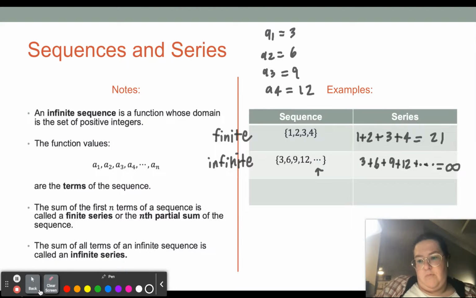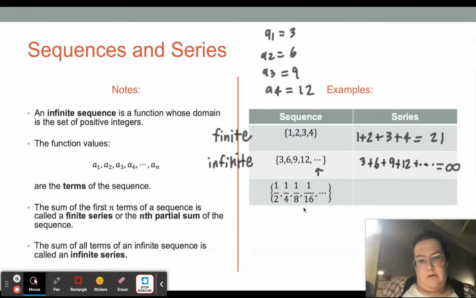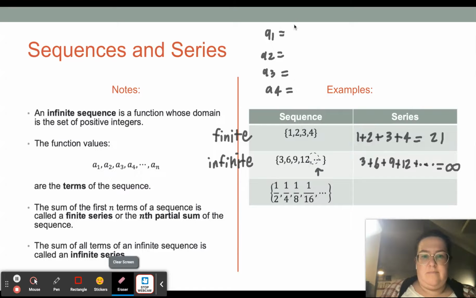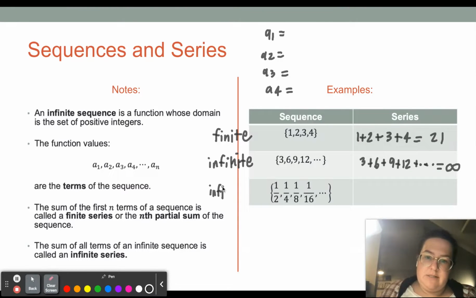So here's one more example. This is also an infinite sequence. In this case, a sub 1 is 1/2, a sub 2 is 1/4, a sub 3 is 1/8, a sub 4 is 1/16.